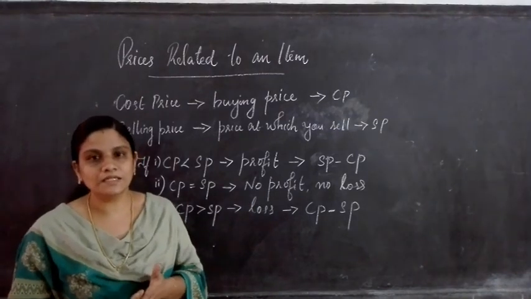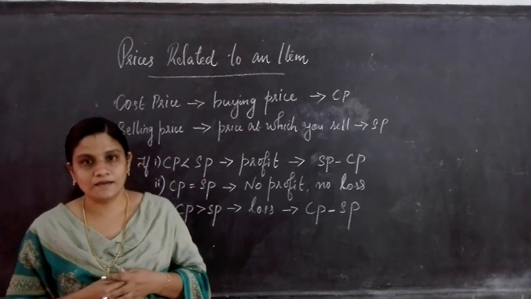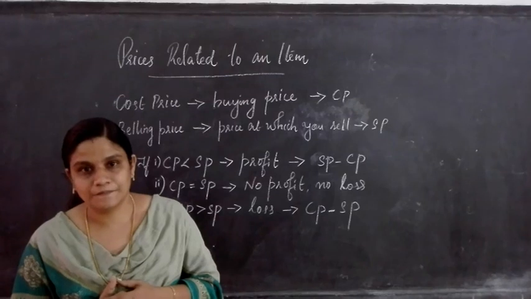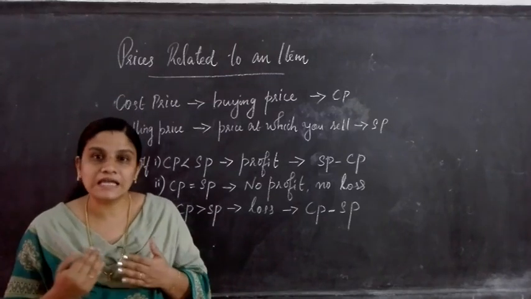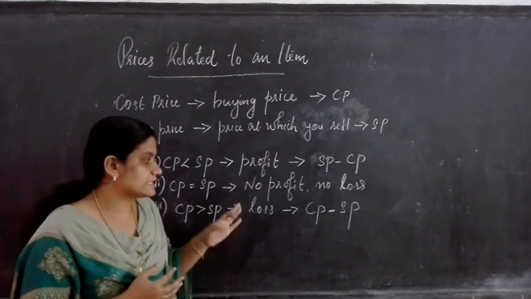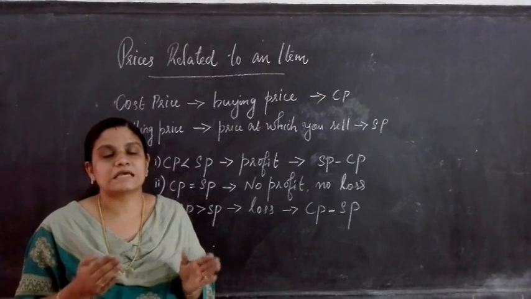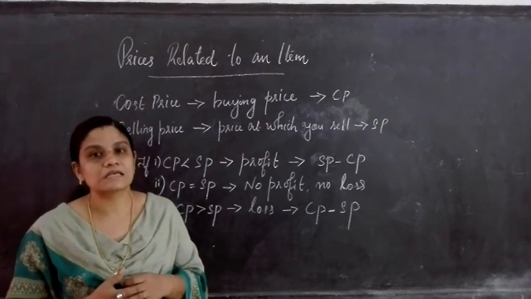For example, I am buying an item for rupees 100 and selling that item for rupees 50. CP is greater than SP, so it is a loss, and the loss is 100 minus 50, that is rupees 50.